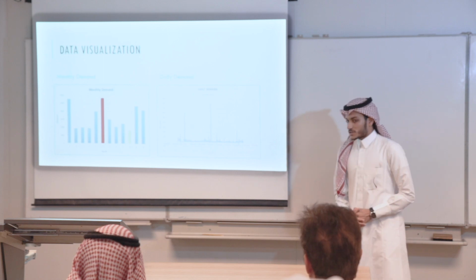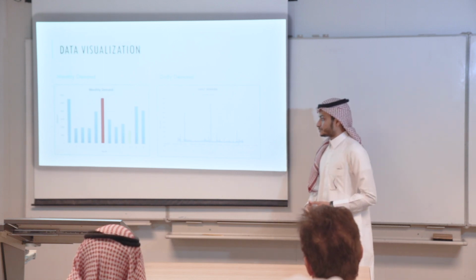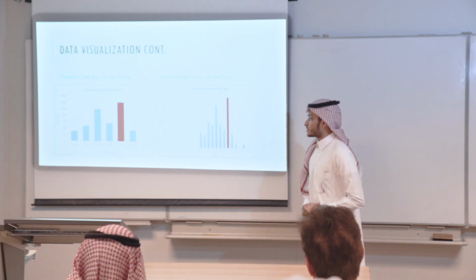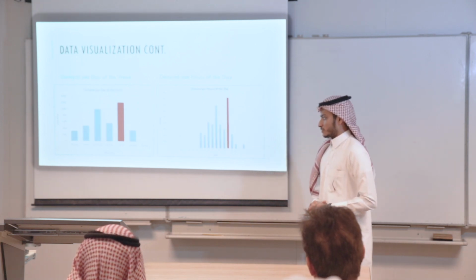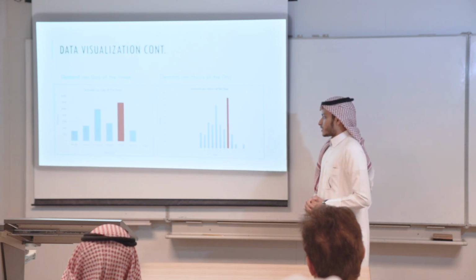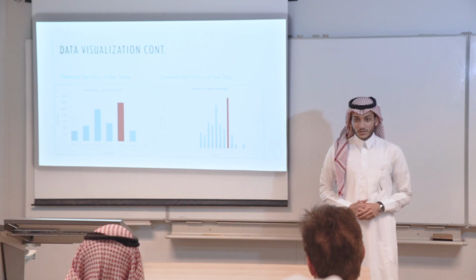The negative values represent that customers are returning the product. Here we have the demand in a week per day. As you can see, Friday is the day with the highest demand. We expect that because Friday is the first day of the weekend.